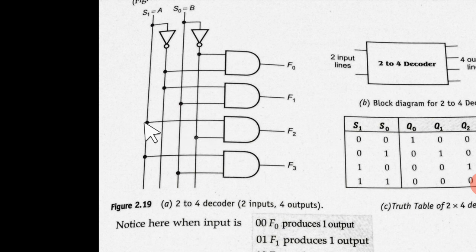So this is A, and then NOT B, the B complement, will be connected with this, and the output is F2. Now here you can see A and B. When both of these are there, then F3 will be produced. All right, so it's quite easy. I hope everybody has understood it well.